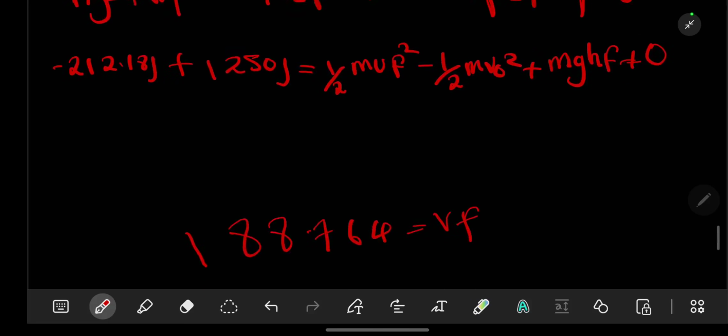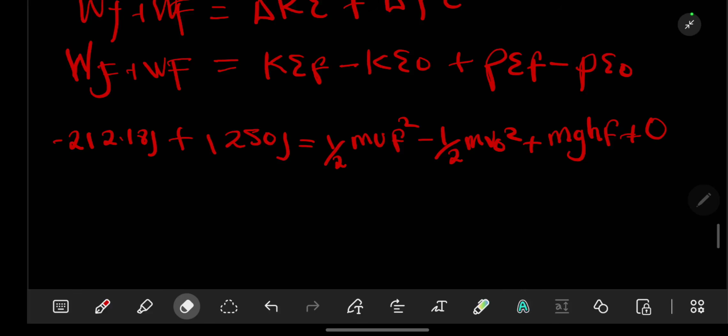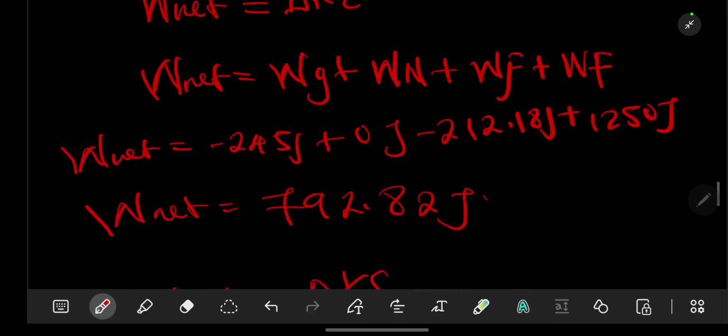So our value will be equal to negative 212.18 plus 1250, which will give us 1037.82, which should be equal to, we are going to replace our half, then the mass according to the question.